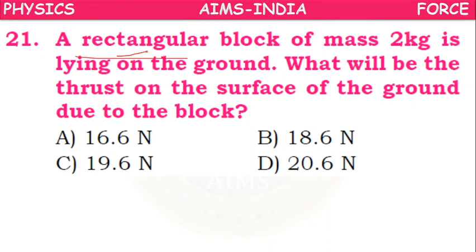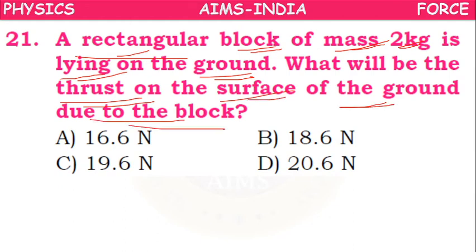Next. A rectangular block of mass 2 kg is lying on the ground. What will be the thrust on the surface of the ground due to the block? Here we have a new word called thrust. The thrust on the surface of the ground is indirectly the pressure shown on the surface.